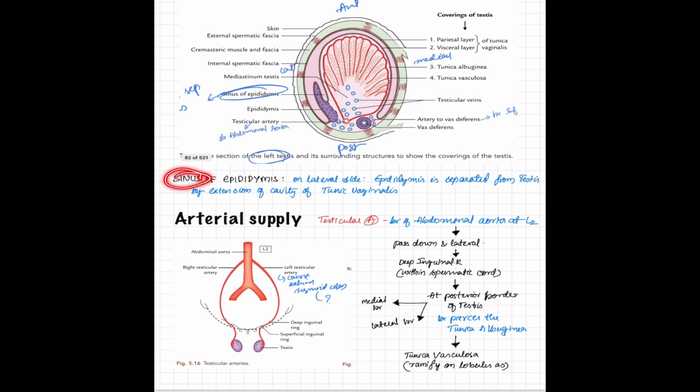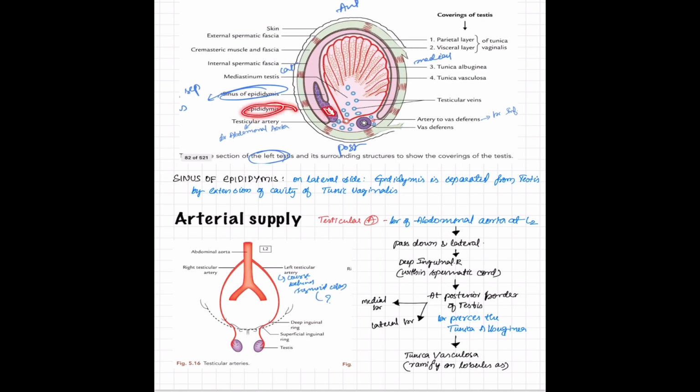So sinus of epididymis means it is the extension of the cavity of tunica vaginalis.